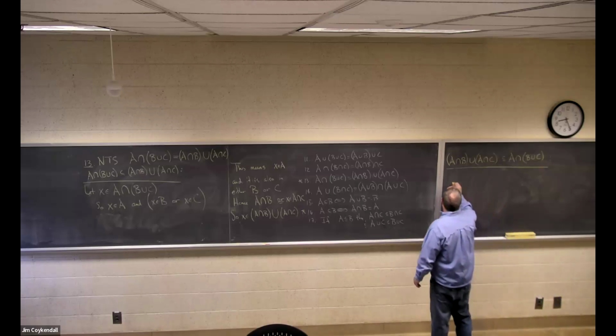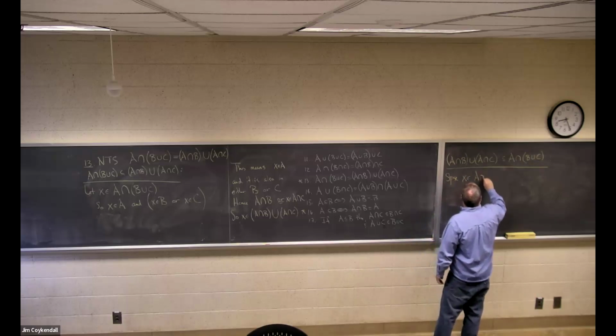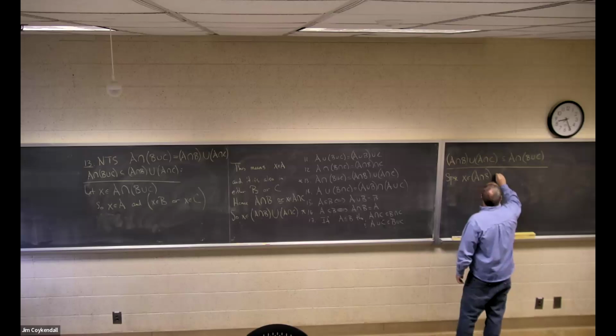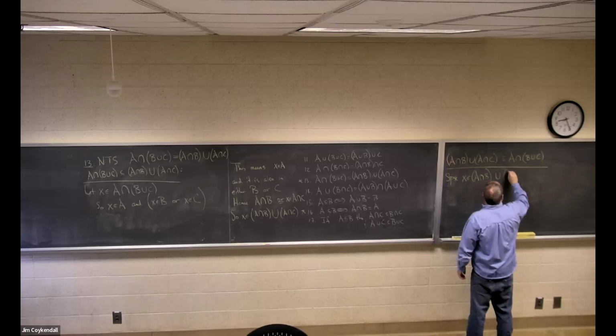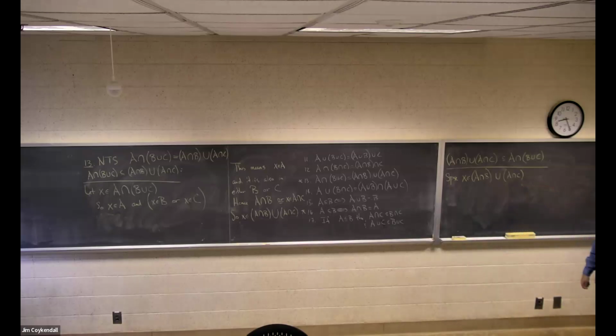So suppose X is in A intersect B or A intersect C. What does this mean?